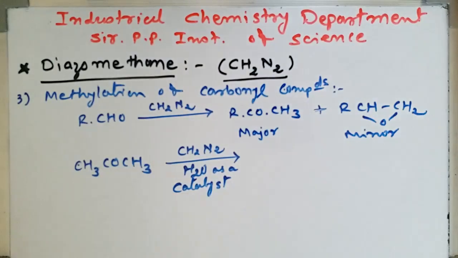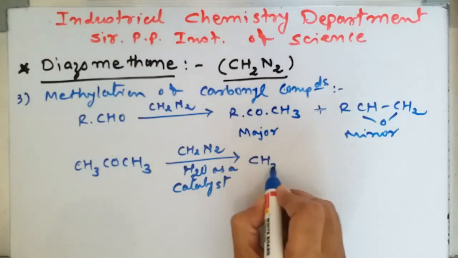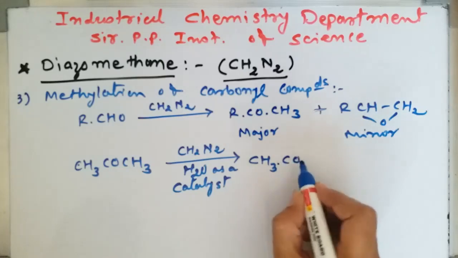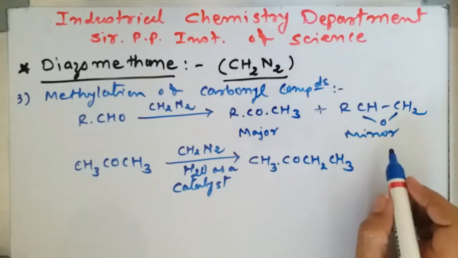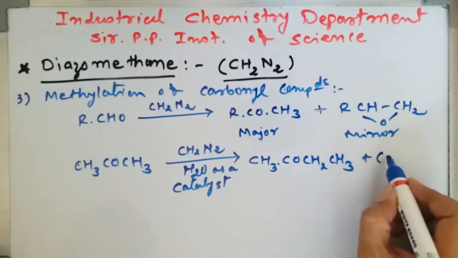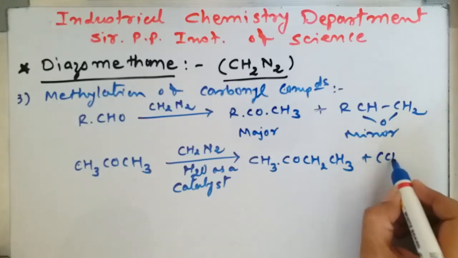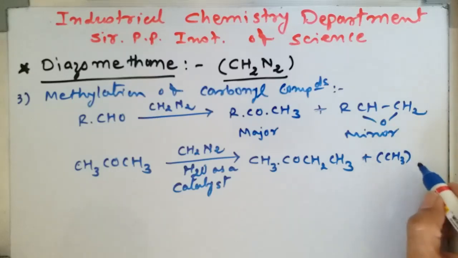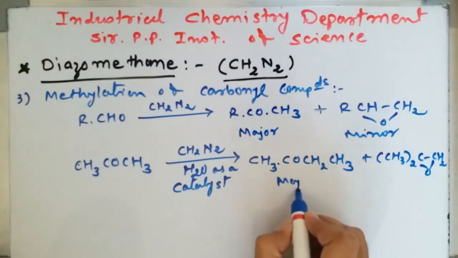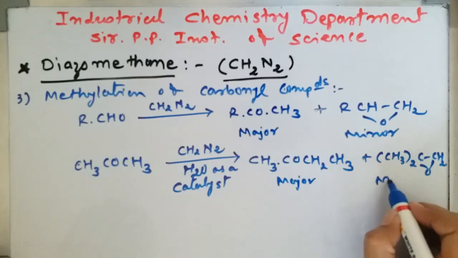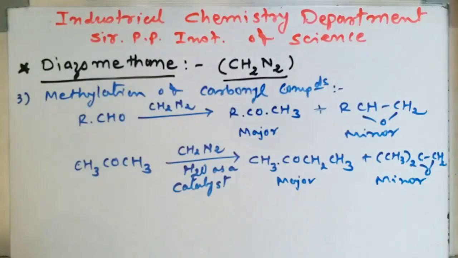H2O works as catalyst, so we get CH3COCH2CH3 as the major component, and the minor component as (CH3)2CCH2O.